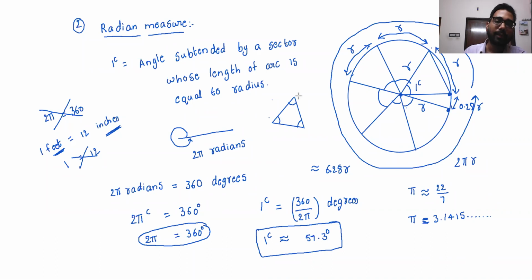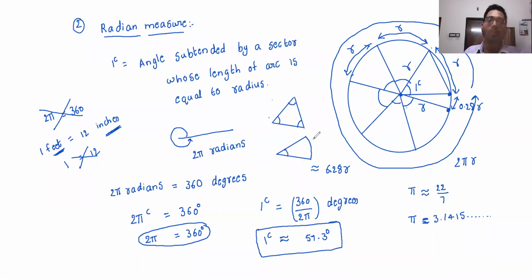So if you curve it up this side, the sides will be like this and the curve will be like this. Now this angle will be slightly less than 60, because we have curved it up.